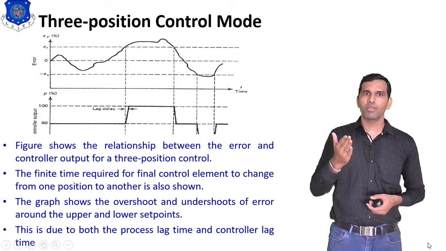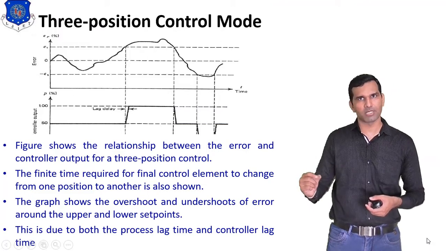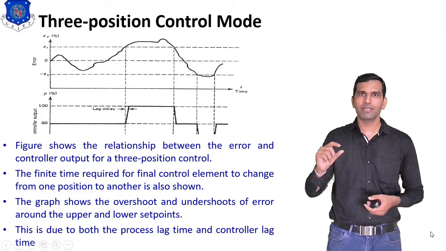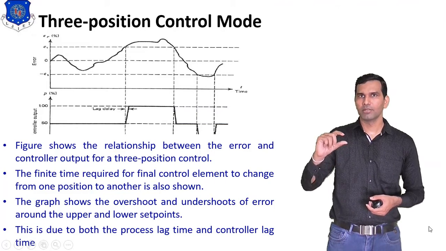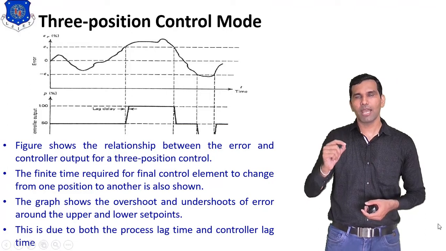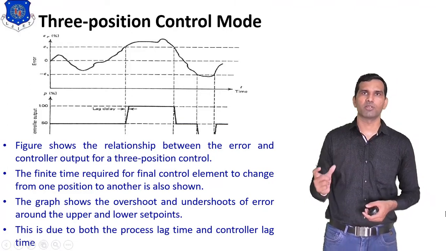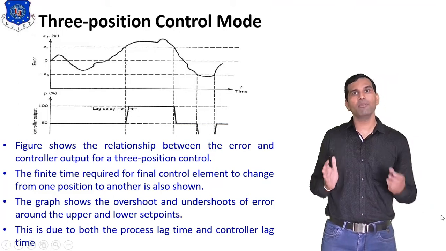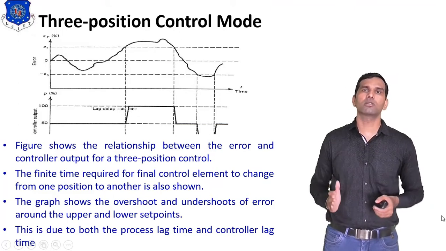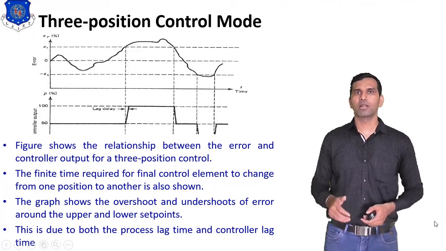So here the controller output goes from 50% to 0%. And when it comes again into the neutral zone, between plus E1 and minus E1, the controller output is 50%. So this is the behavior of the 3-position control mode.